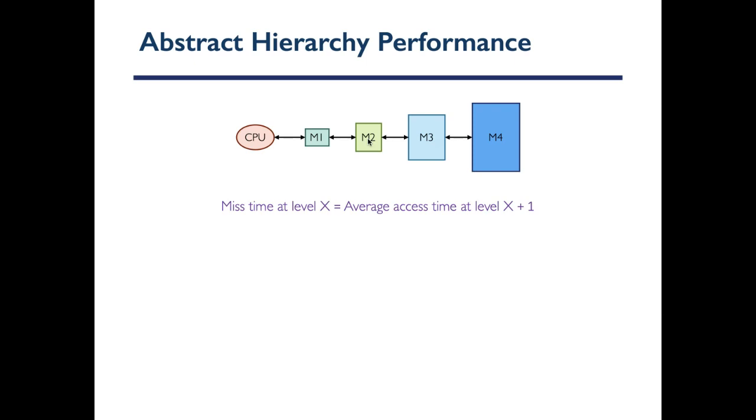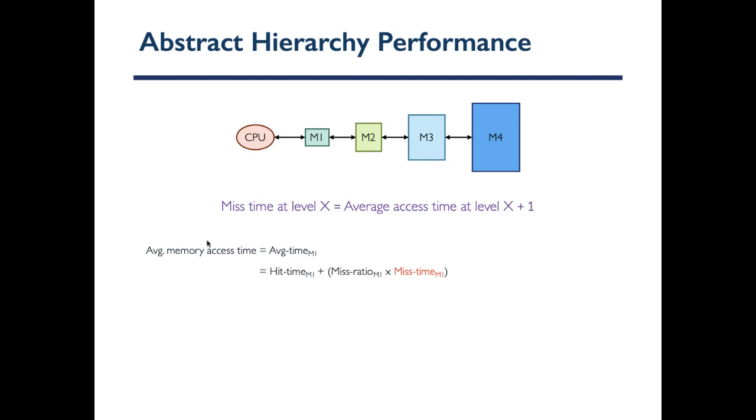Now, given that rule of thumb, let's see if we can come up with a formula. The average memory access time that the CPU sees is basically the average time of M1, using this rule. So average memory access equals average time of M1. Now, what is the average time of M1? It's the hit time of M1 plus miss ratio of M1 times miss time of M1.